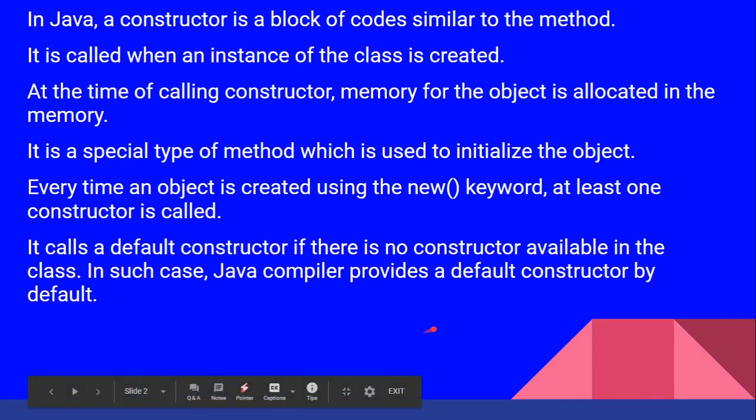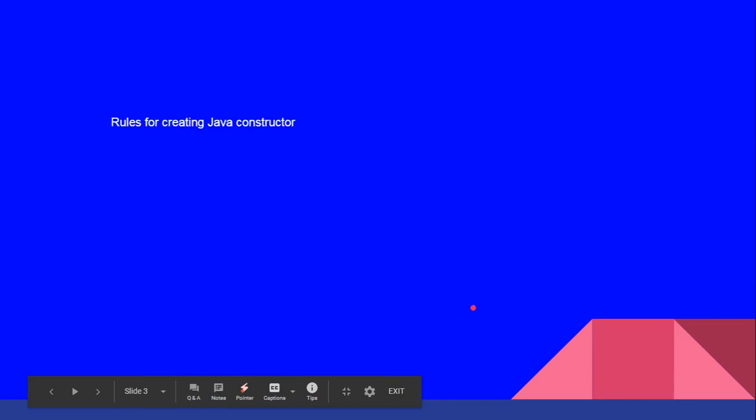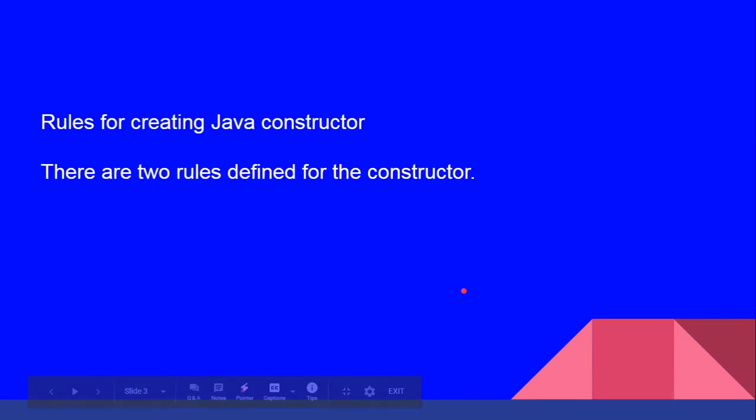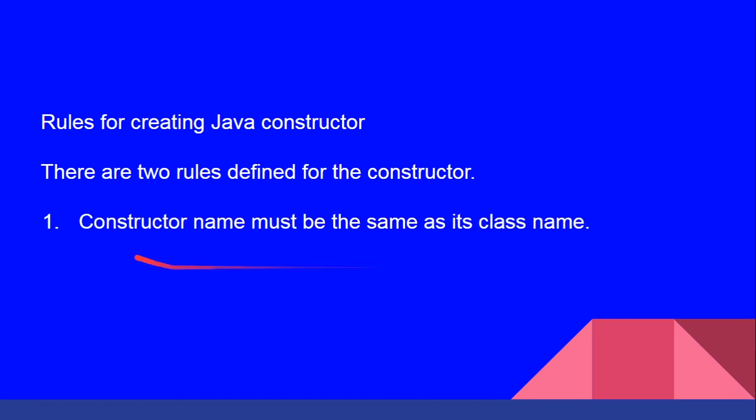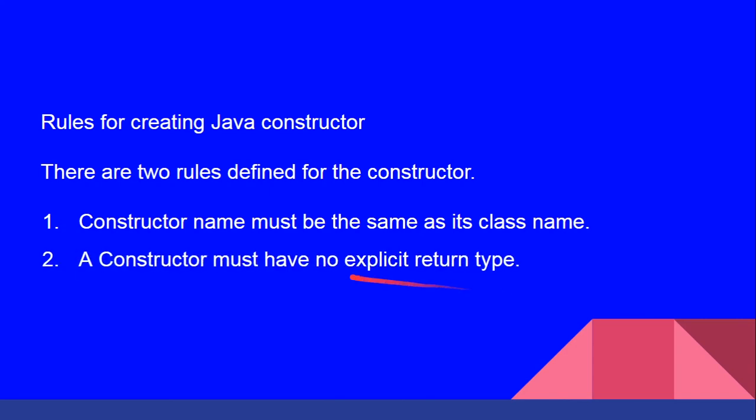Now let us see the rules for creating a Java constructor. There are two rules for defining a constructor. Number one, the constructor name must be the same as its class name. Second, a constructor must have no explicit return type.